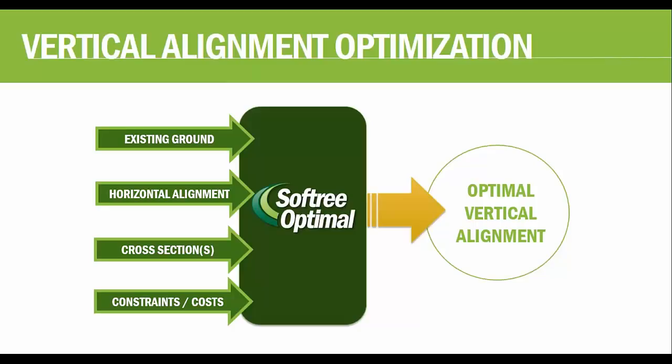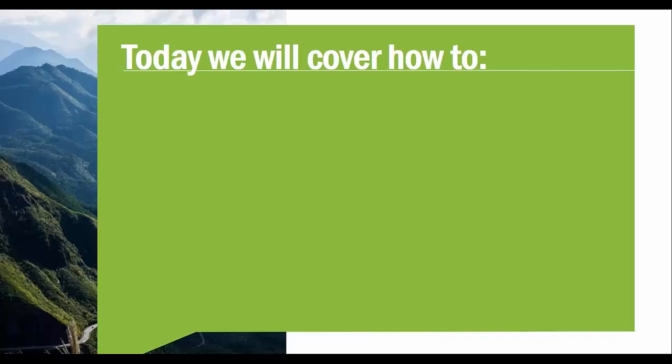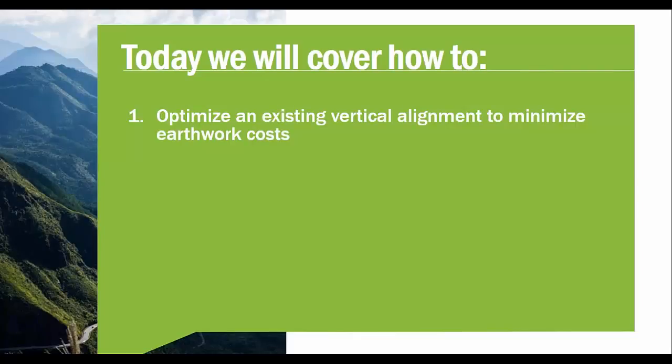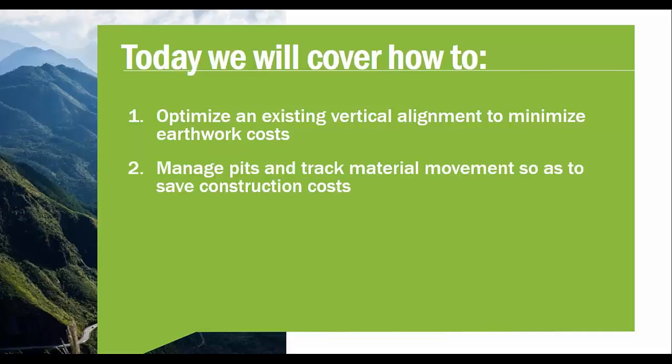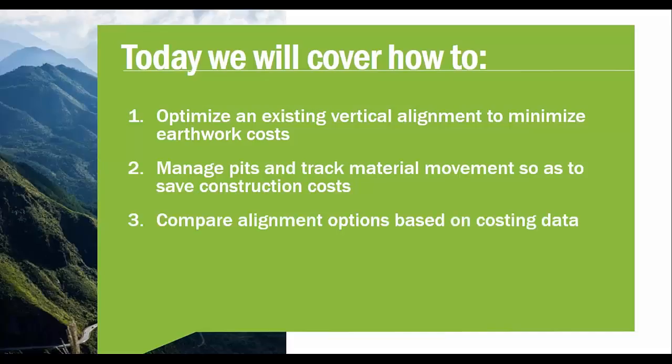Over the next 25 minutes or so, Dave is going to demonstrate some of the core functionality of Optimal, which really is all about optimizing an existing vertical alignment to minimize its earthwork costs. In doing so, he's also going to manage pits and track our material movement so you can save construction costs there, as well as comparing alignment options based on different costing data.